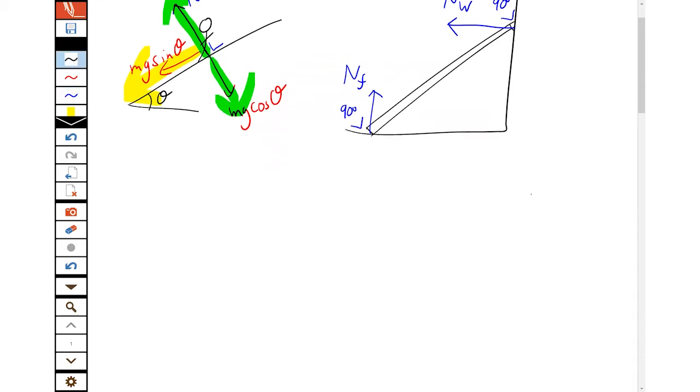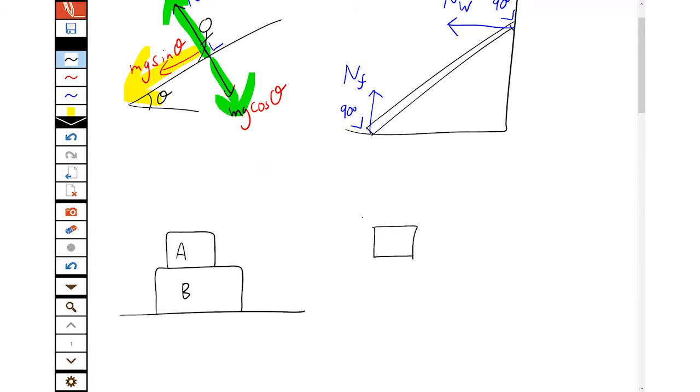Another interesting case is where you have multiple blocks stacked on top of each other or beside each other, because they will exert a normal force on each other. If I look at A, it will feel its weight down, the mass of A times the acceleration due to gravity, and the normal force between A and B up.